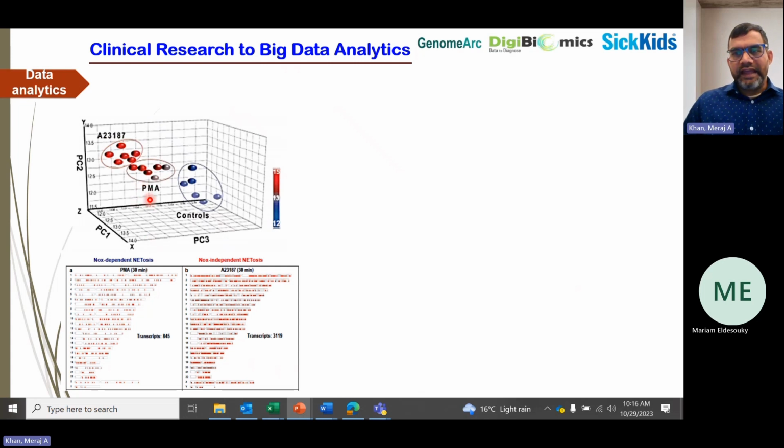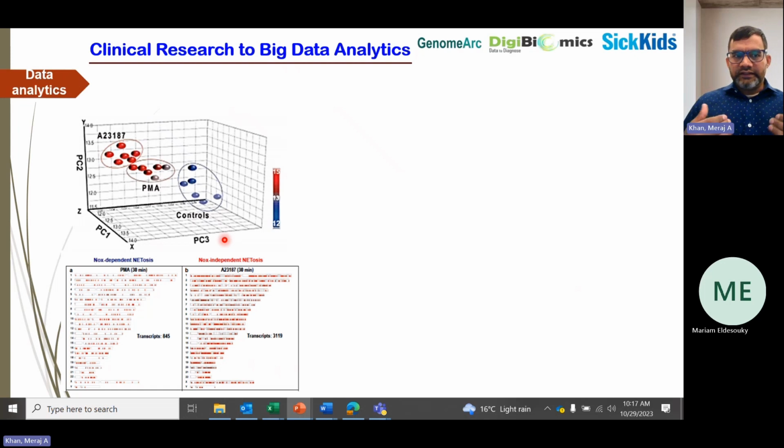Both are agents which start signaling cascades to make nets in neutrophils, plus the control. And we performed transcriptomics analysis of neutrophils from all three conditions by using Affymetrix, and the Affymetrix has around 100,000 gene transcripts probes.